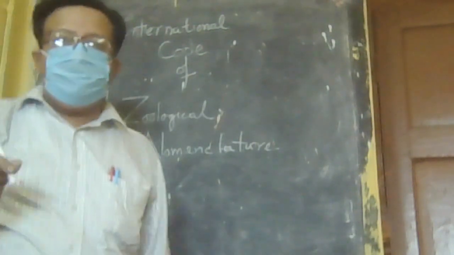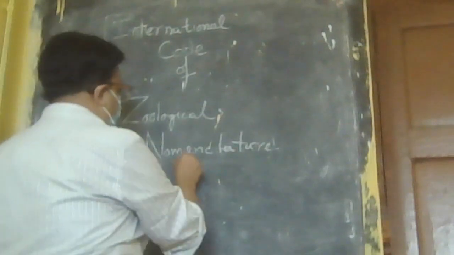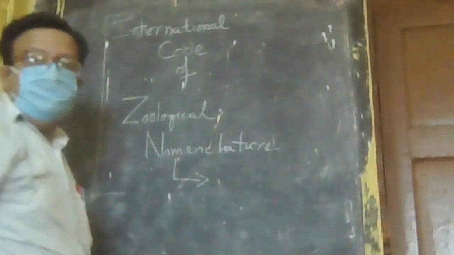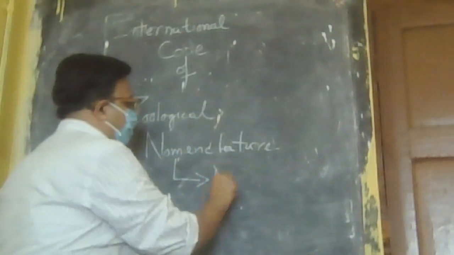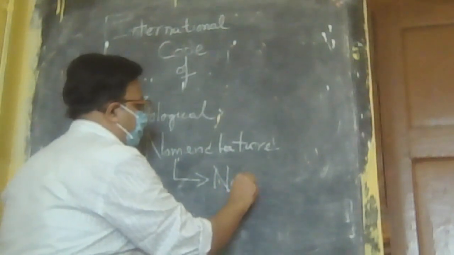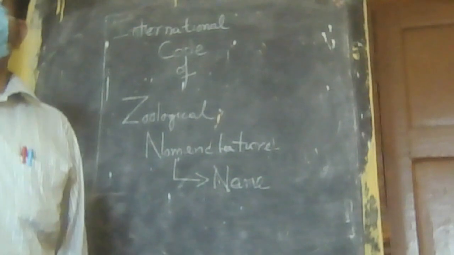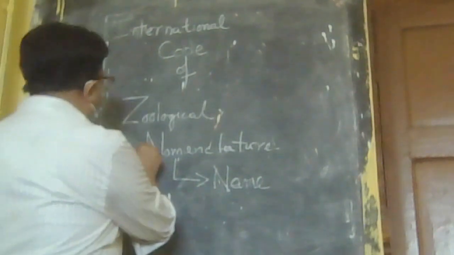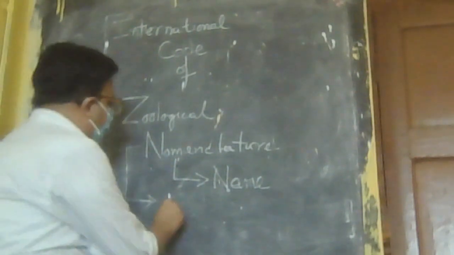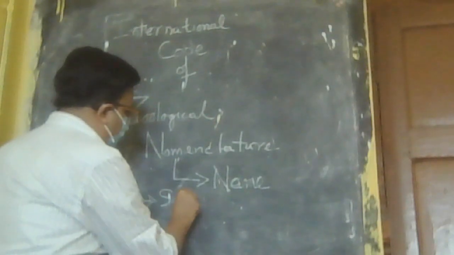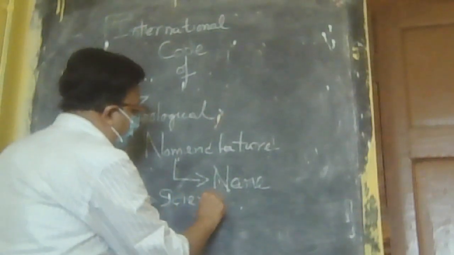So what is the meaning of nomenclature? Nomenclature means to give a name. And what sort of a name do you give a living organism? You give a scientific name.